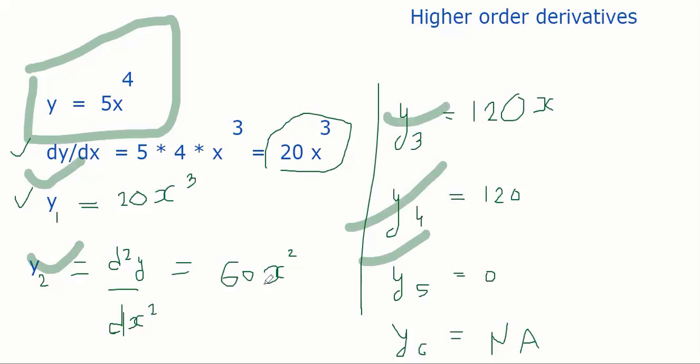Let's solve a few questions. Let's see how many of you can do this. Higher order derivative is very easy once we understand the overall derivative, and we are going to use the terms y1, y2, y3, y4, y5.